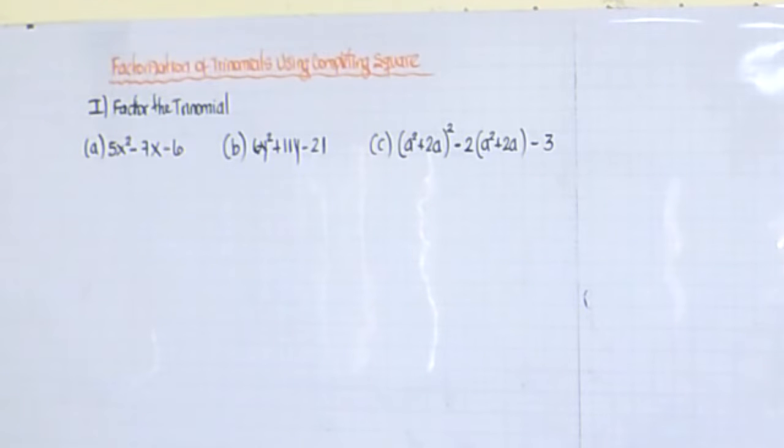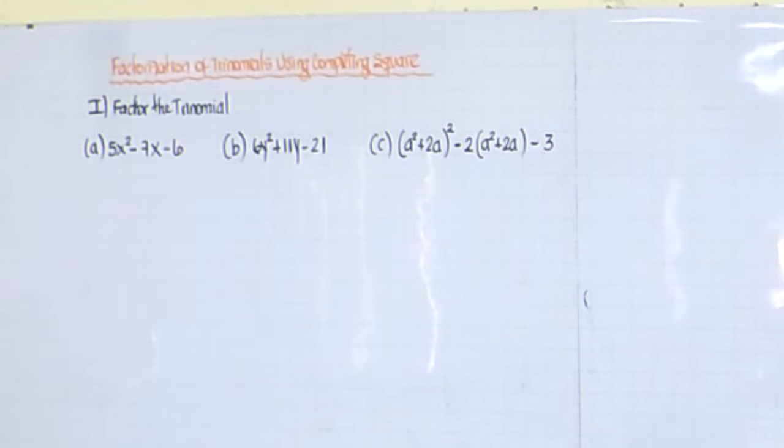If you want to use the trial and error technique, go right ahead. If you want to use completing the square, go right ahead. But if I'm specifying one kind of technique, you must use that technique. In this case, the three problems we are going to solve by the completing square technique.